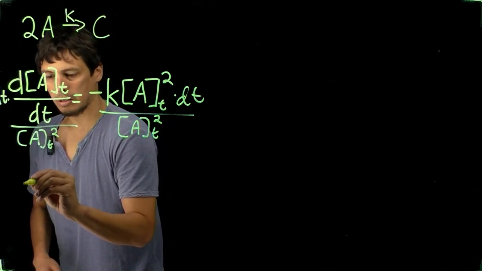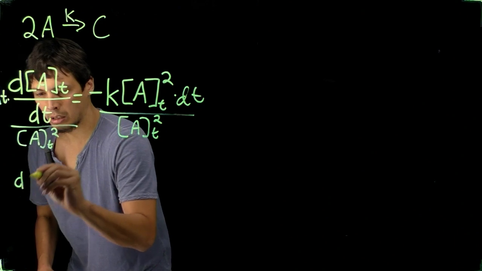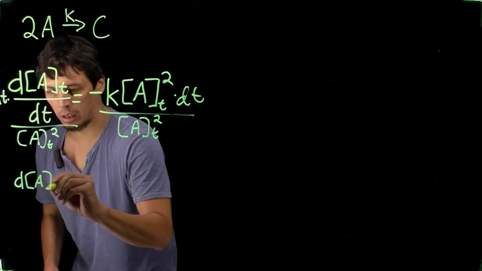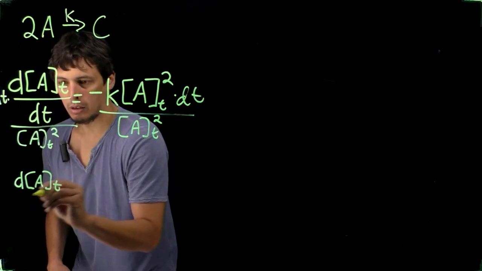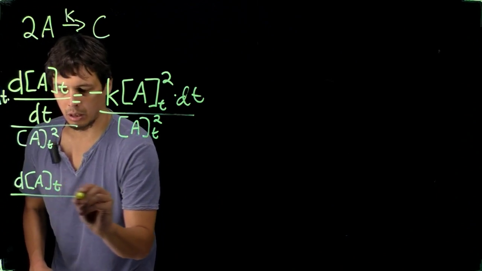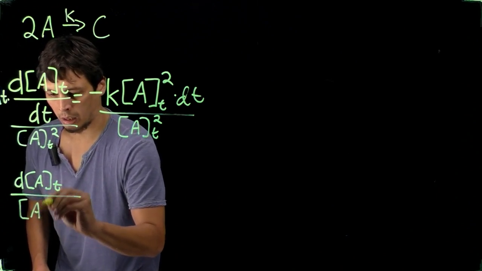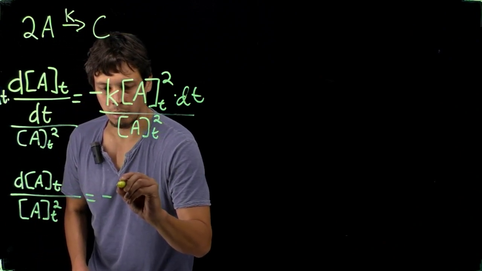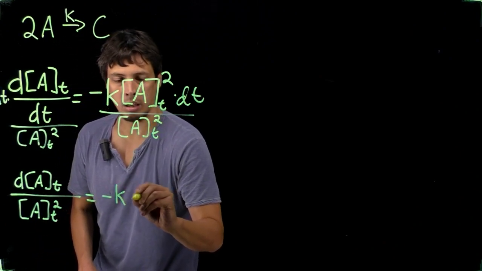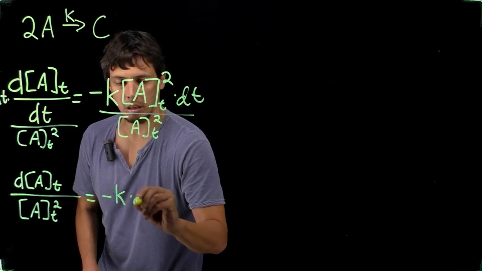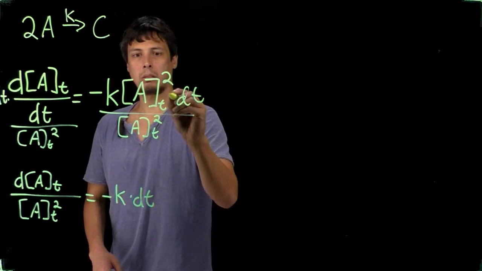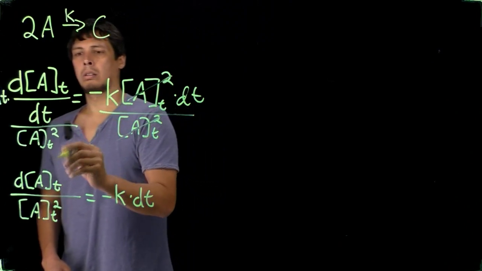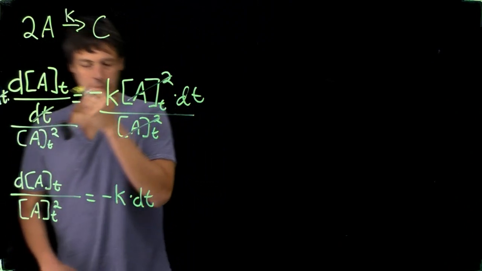And that's going to give us an equation that looks like this, equals negative k times dt. So that cancels out there. This cancels out here. All right.